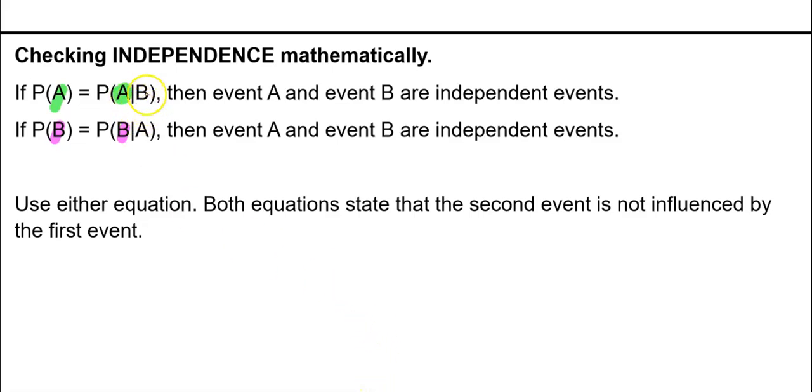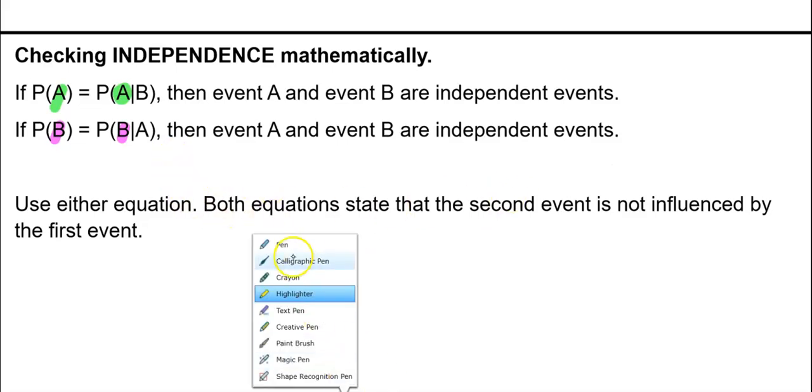You can think about this as a fraction, but I don't know if that will really help. If either of these equations is true, we are independent. If the equation is false, we are dependent. Use either equation. Both equations state that the second event is not influenced by the first event.